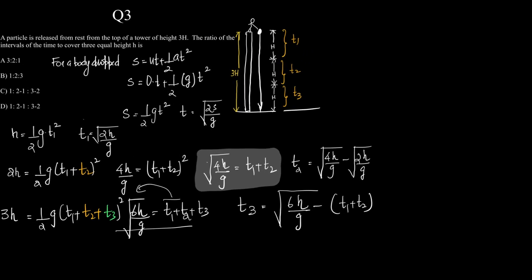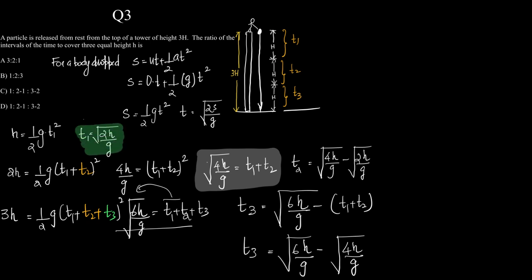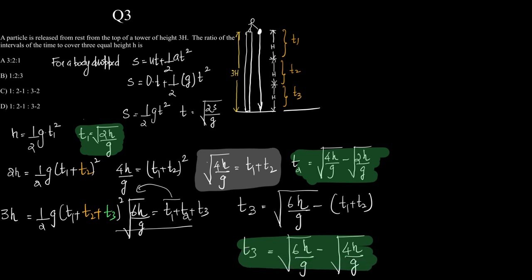Further, t3 is equal to root of 6h by g minus root of 4h by g. So now we have three values of time: t1 is equal to root of 2h by g, t2 is equal to root of 4h by g minus root of 2h by g, and t3 is equal to root of 6h by g minus root of 4h by g.